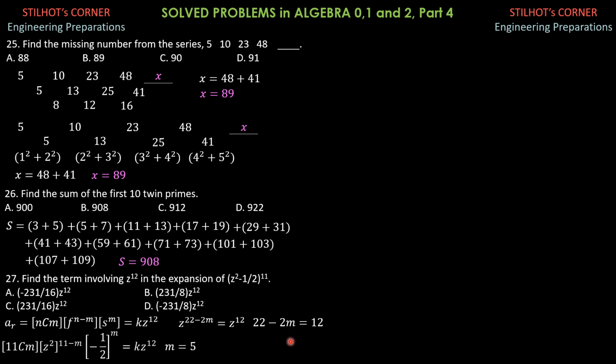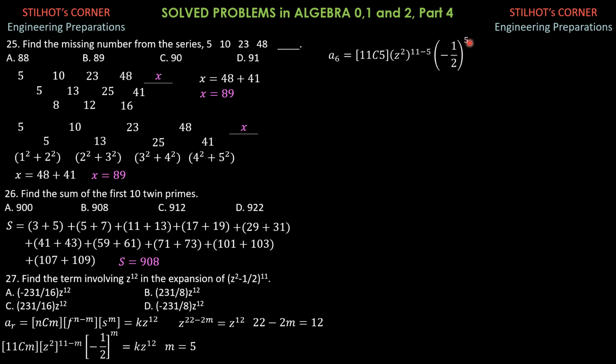m is 5. Having found m is 5, then it is supposedly this 11 combination 5 and negative 1 half to the 5 that should only be calculated because 11 minus 5 is 6 times 2 is 12. This is already z to the 12. So the sixth term is 11 combination 5, first term z squared to the 11 minus 5, then negative 1 half to the 5.